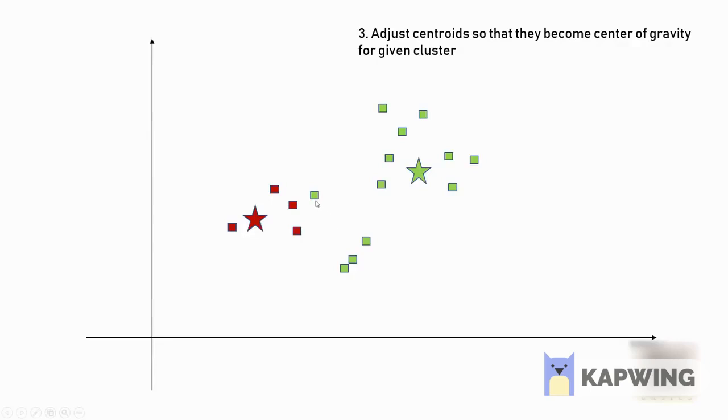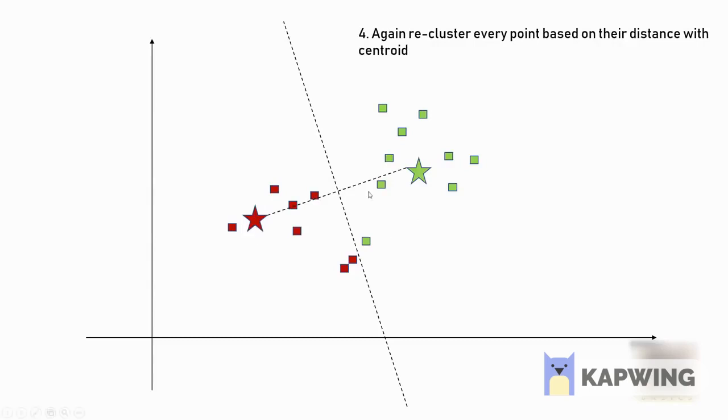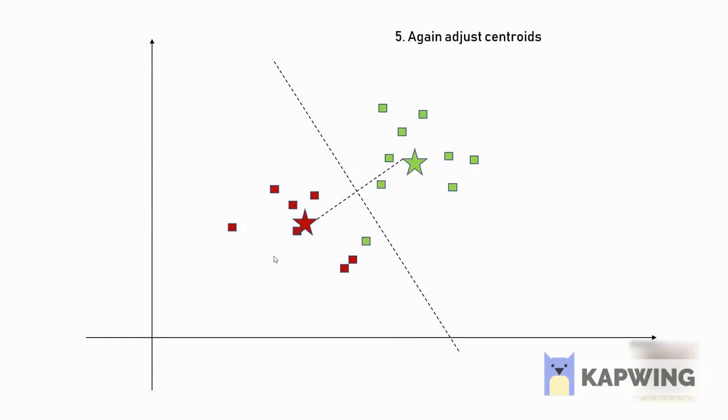Again, you recompute the distance of each of these points from these centroids, and then if the point is nearer to red, you put it in the red cluster, otherwise you put it in the green cluster. Okay, so you repeat the same method, and see, now these points changed from green to red, so they're nearer to red, that's why they are in the red cluster. And you keep on repeating this process.